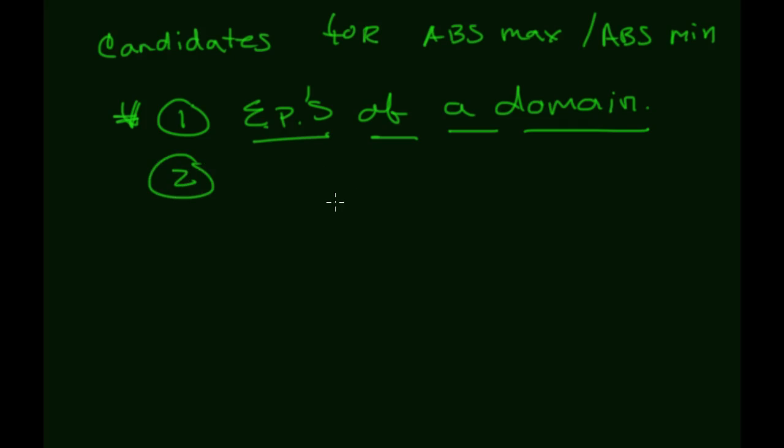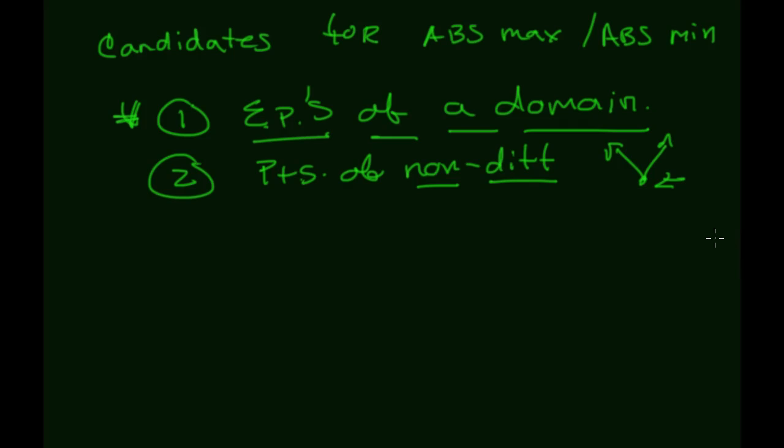Number 2, if the function has points of non-differentiability, we have to check those because they're not governed by Fermat, because Fermat assumes that you're differentiable at those points. So you could have a max or a min at a point of non-differentiability. Think of the absolute value function, which has an absolute minimum at the point of non-differentiability.